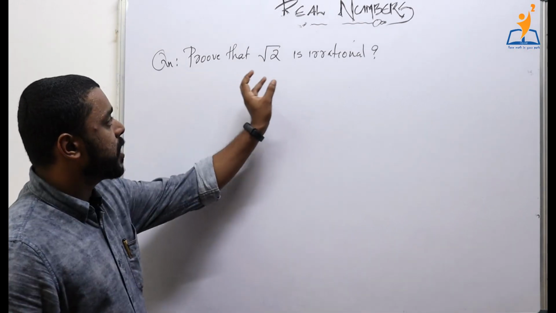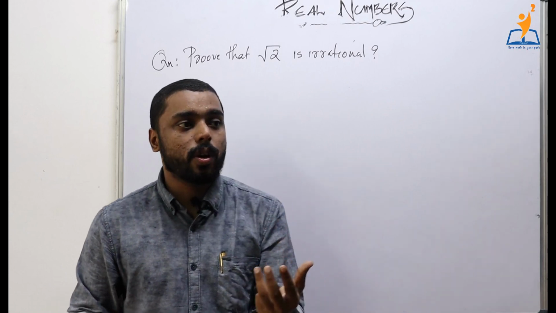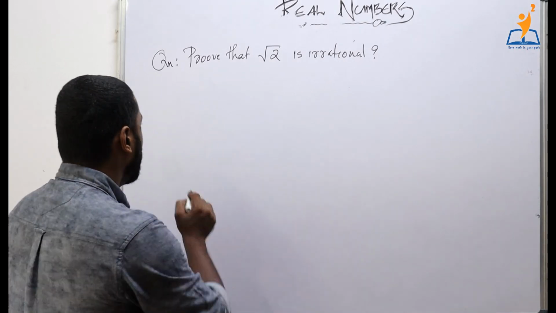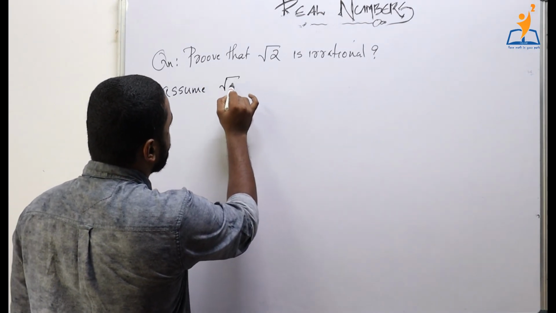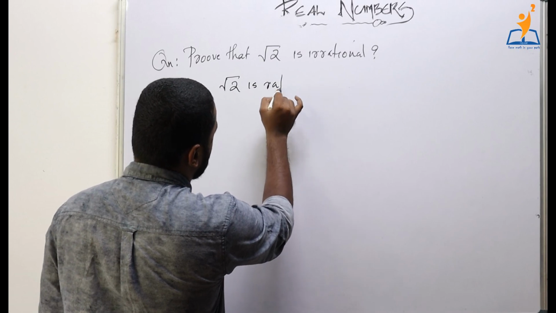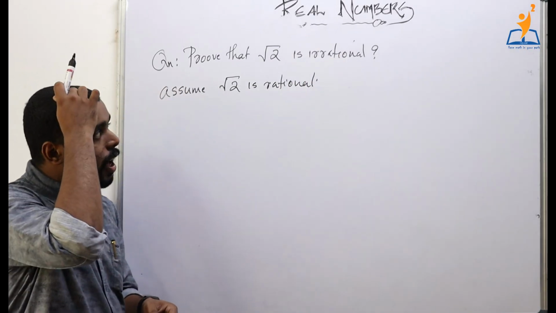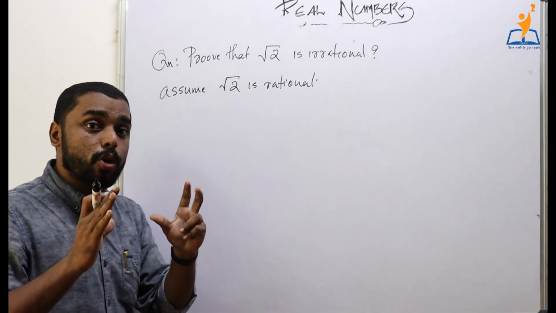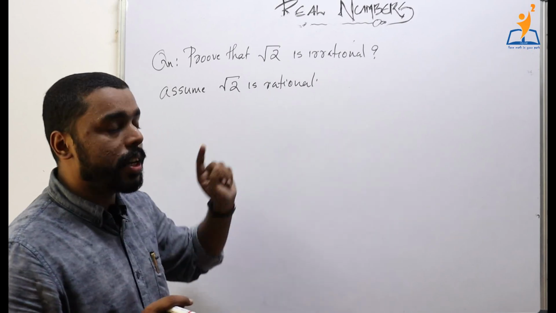So our logical sequence forms like this. We will assume that root 2 is rational, and by the end of the problem we see a big contradiction. Then we can say that our assumption is wrong.